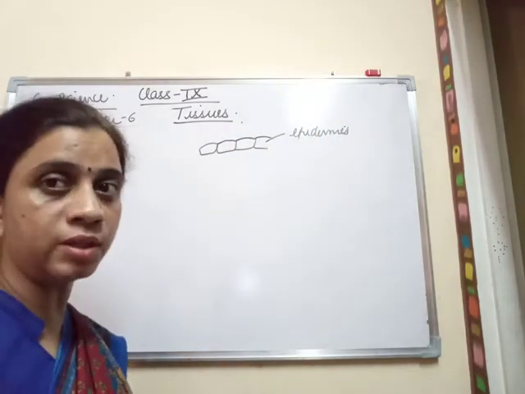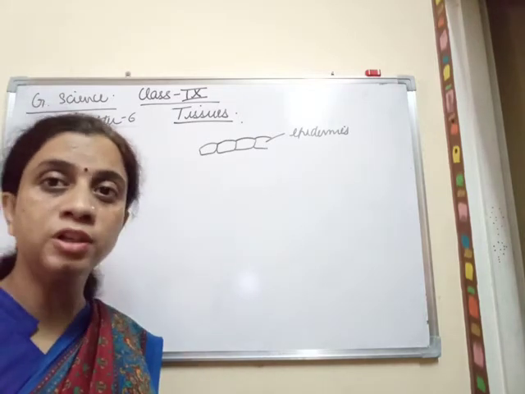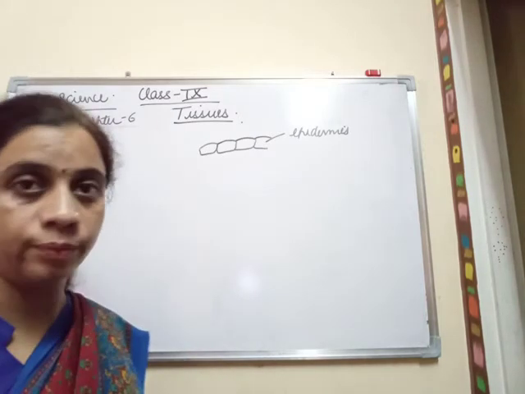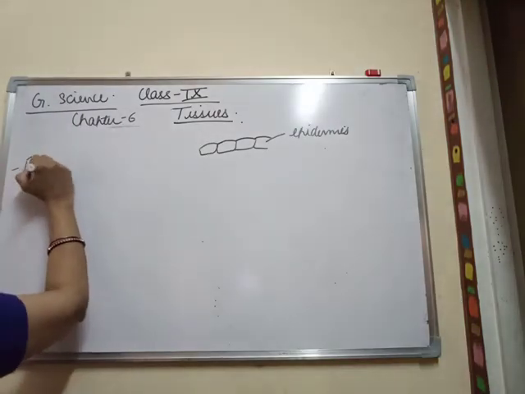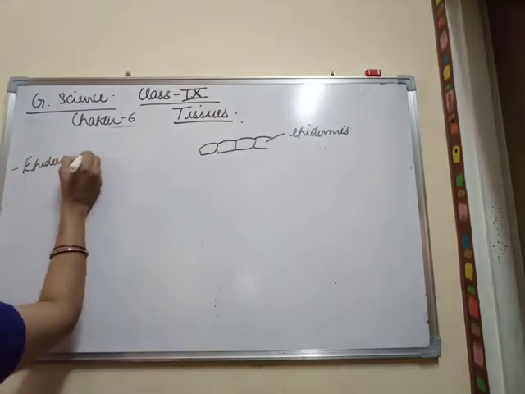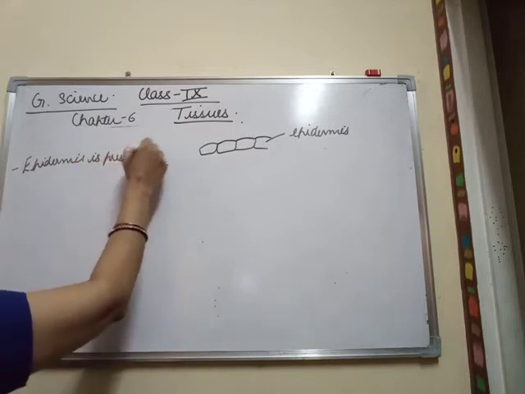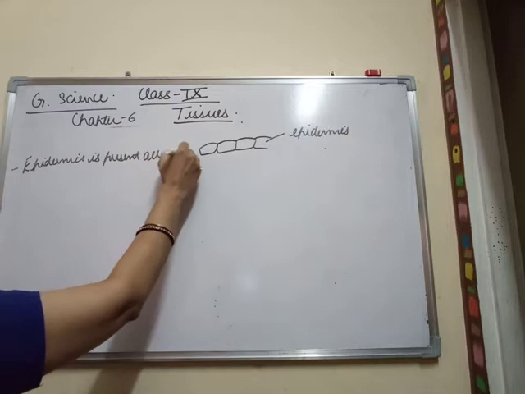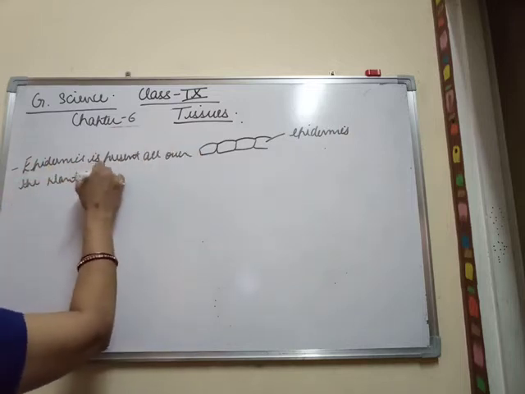So this epidermis is a protective covering or a protective layer which is present all over the plant body. So you are going to find it everywhere. Epidermis is present all over the plant body.